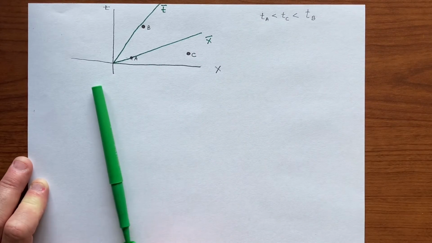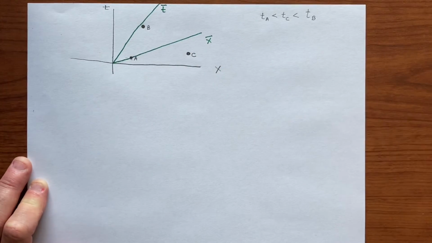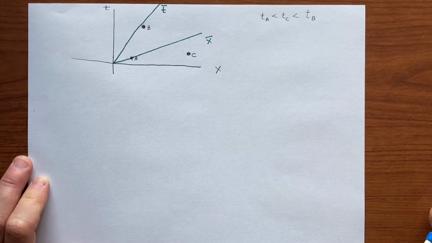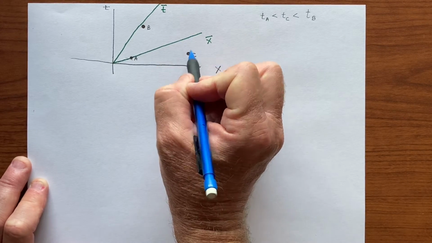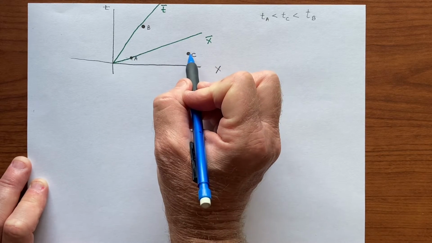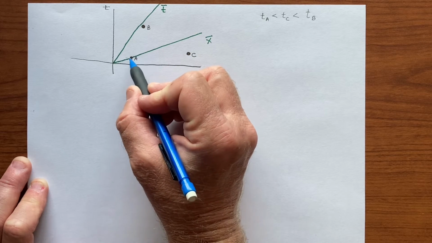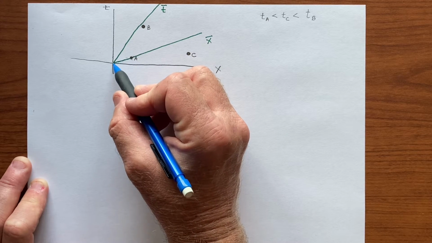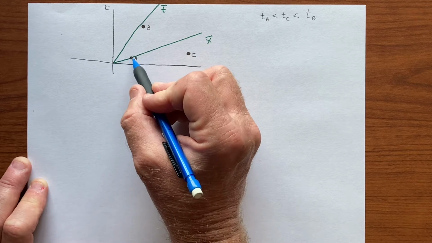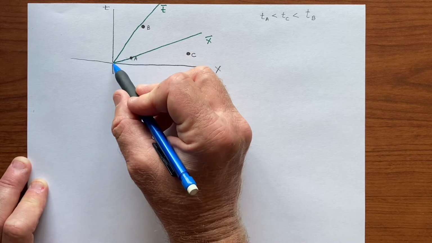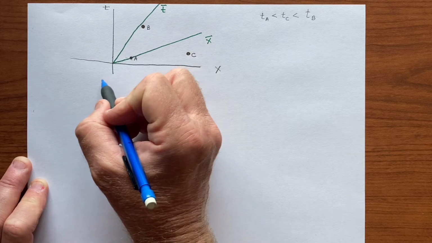And so we can look at the sequence of events from the perspective of the X bar T bar observer. And when we do that, we see that we have to move parallel to the X bar axis to get the time. So to get the time for these events, I have to move along this way. So here's the T bar time for event A. So TA bar would be this, and TC bar, I would have to go parallel, and I would have to come down here.